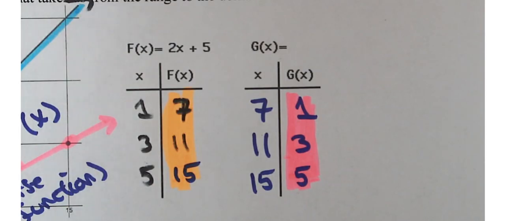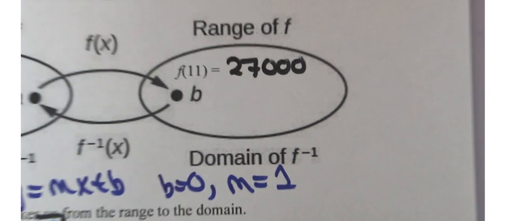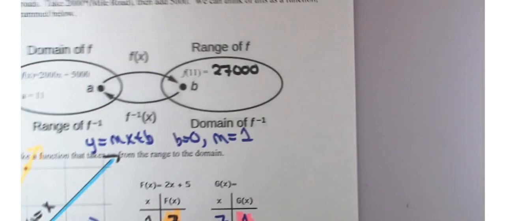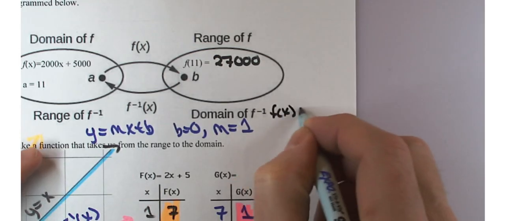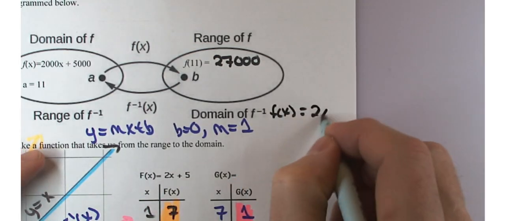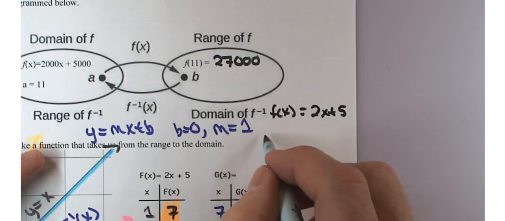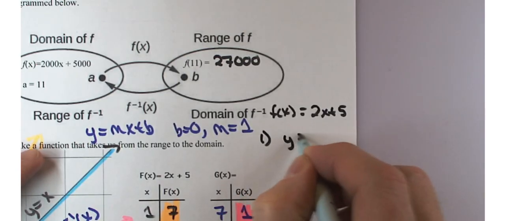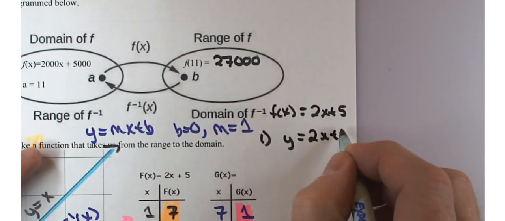So let's start out up here. We'll do f of x equals 2x plus 5. And that's going to mean our first step is to replace f of x by y. So I get y equals 2x plus 5.